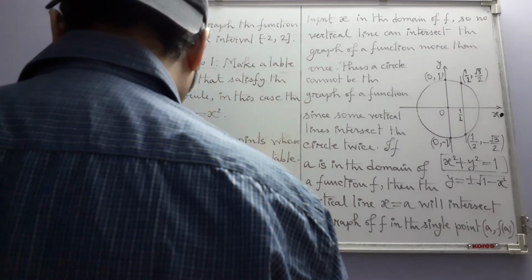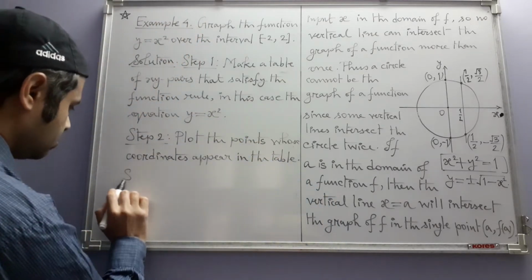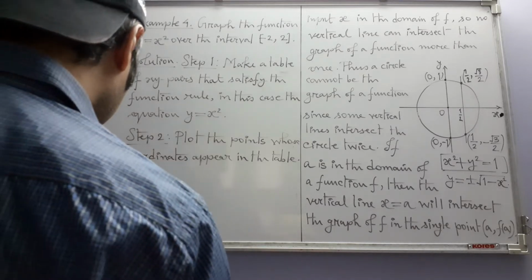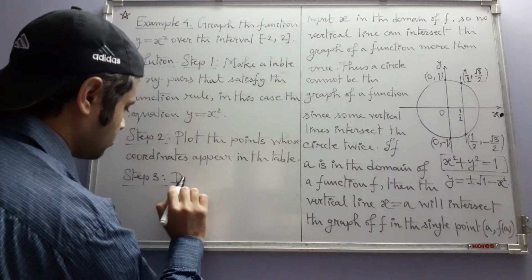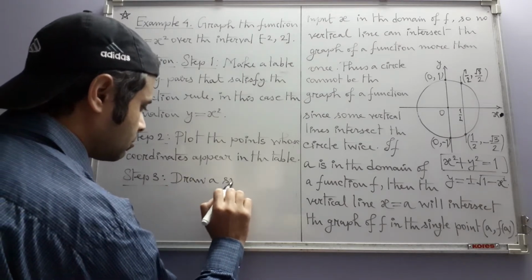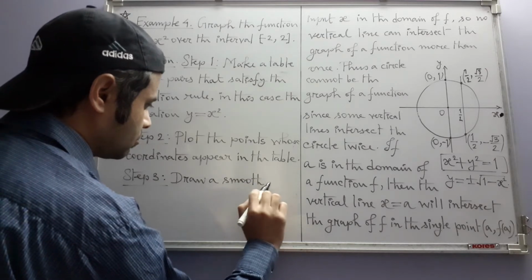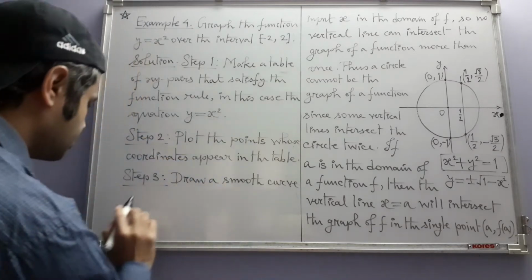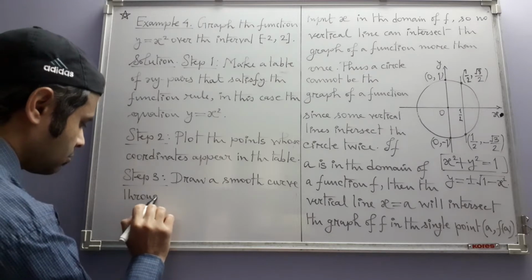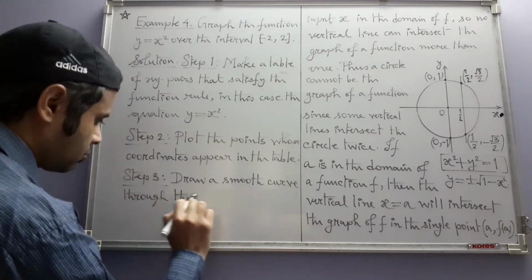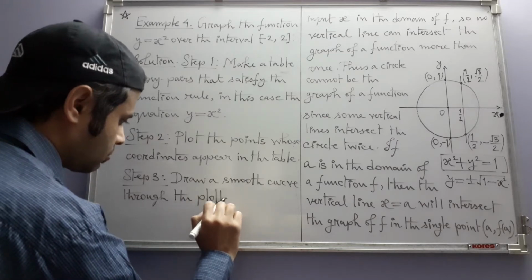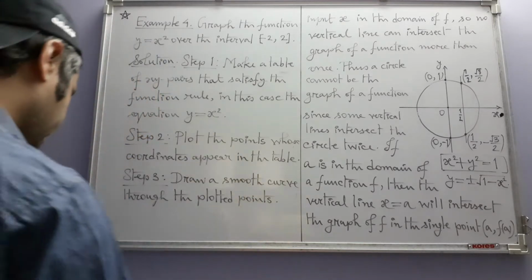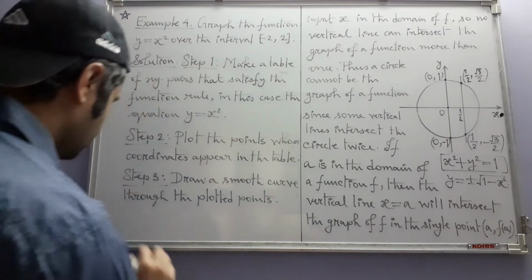And then step 3, draw a smooth curve through the plotted points. And finally, label the curve with its equation.